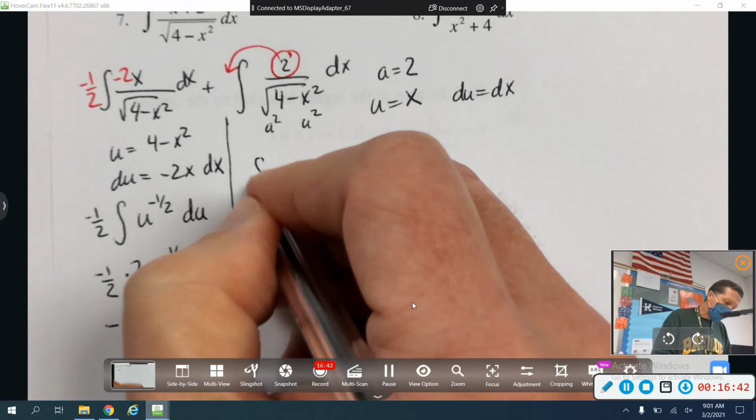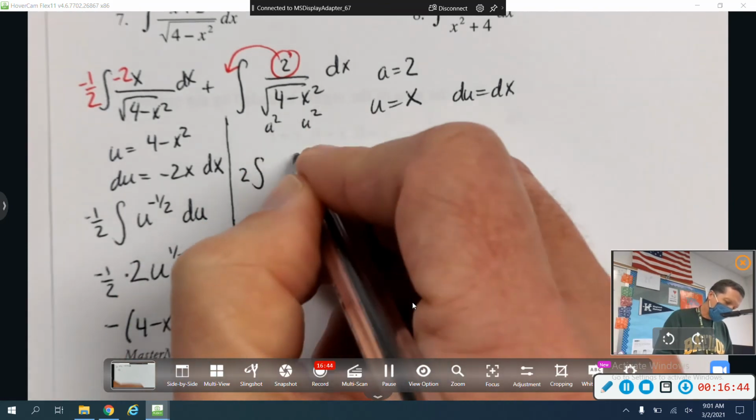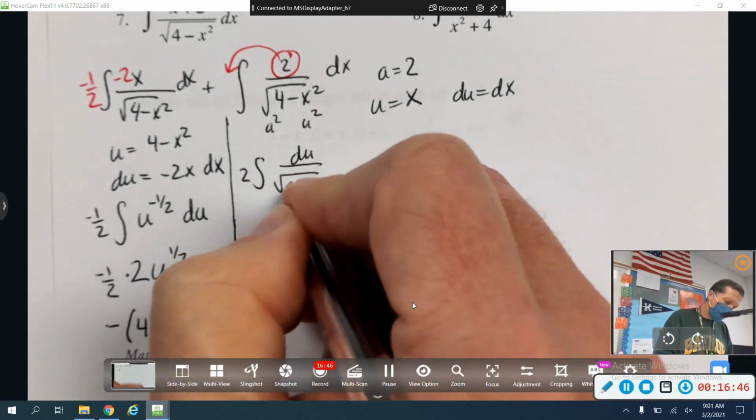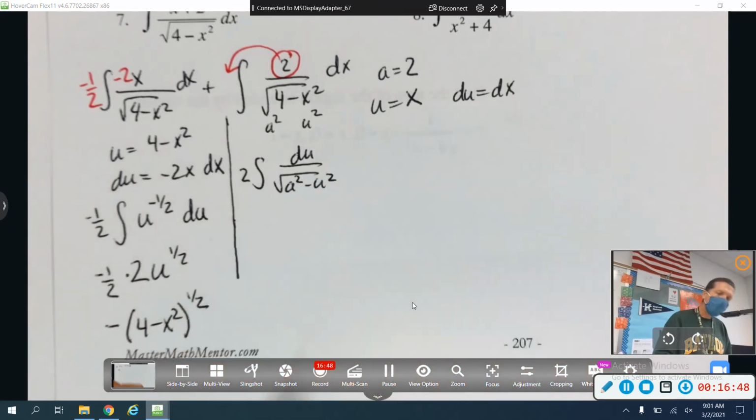I guess if I want to show the step, I could. This is now du over the square root of a squared minus u squared. Some of you will not write that step because you'll just see that that's what you've got, its inverse sine.